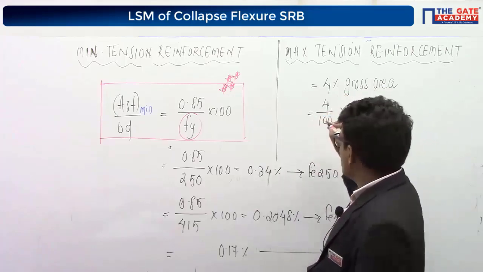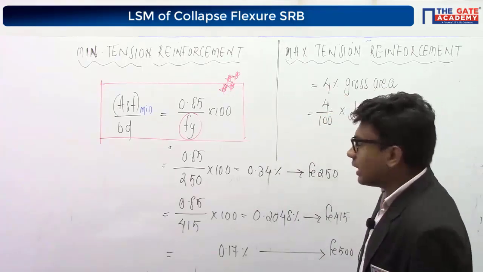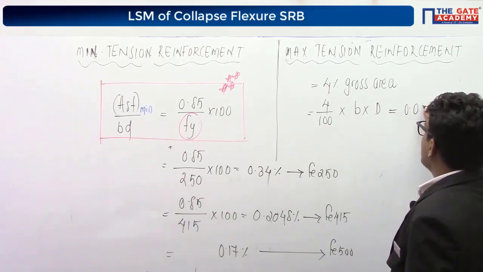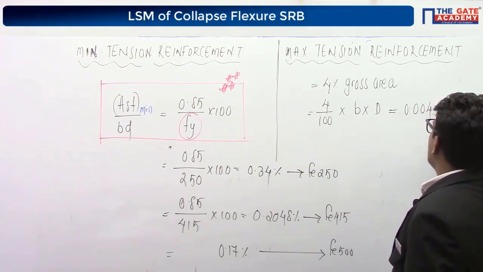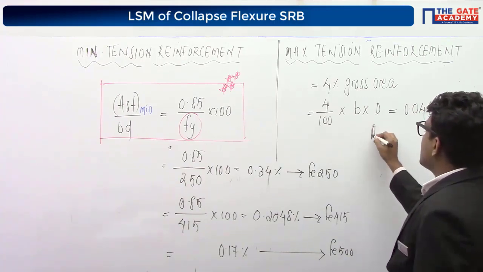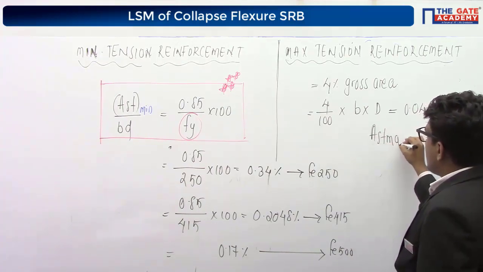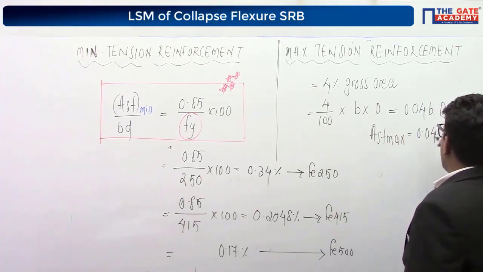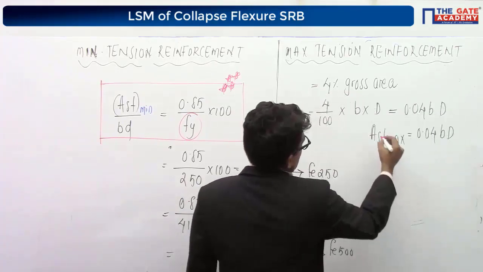It is not our small d, it is our capital D. You will get the maximum tension reinforcement as 0.04 BD. That is the AST max. Maximum tension reinforcement is equal to 0.04 BD. You have to remember this also.